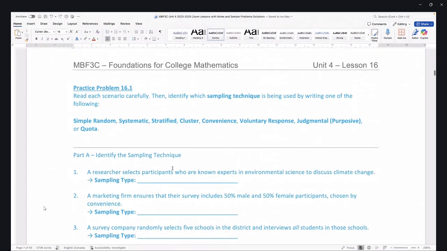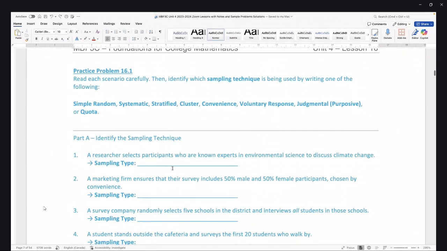So here's a sample problem for you to take a look at. Read each scenario carefully and identify which sampling technique is being used by writing one of the following: simple random, systematic, stratified, cluster, convenient, voluntary response, judgmental, or quota.